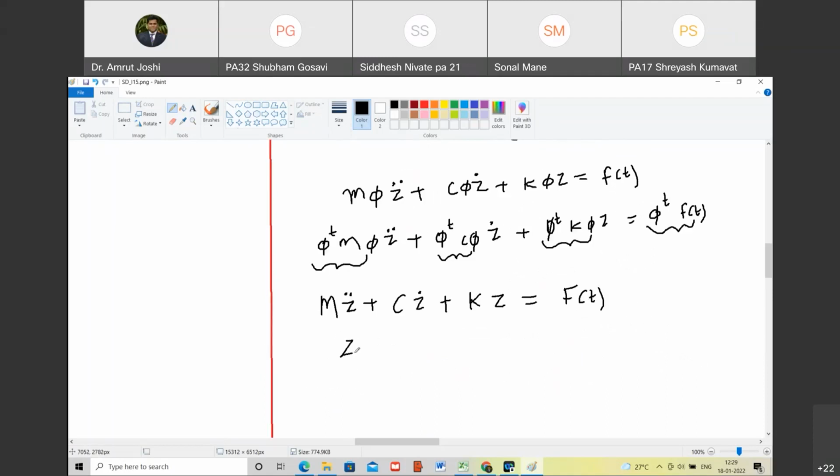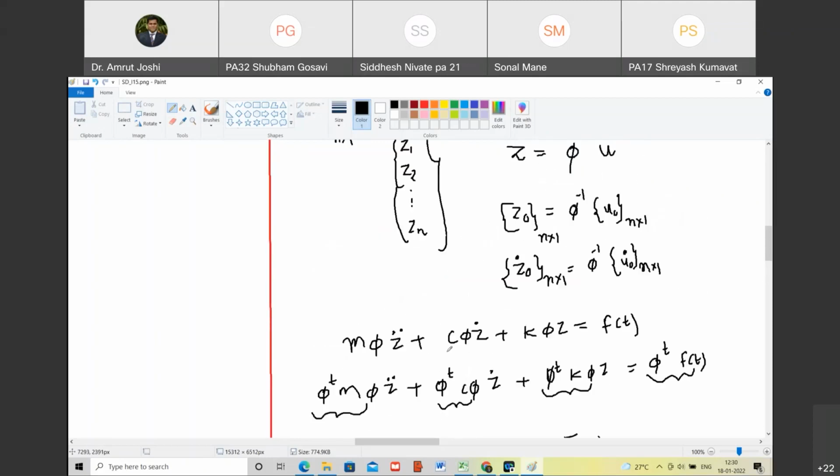Subject to boundary conditions: z of 0, sorry, Z0, which is n cross 1. This is also an n cross 1 matrix, which we have already obtained.